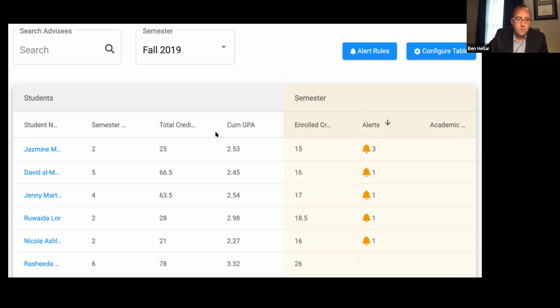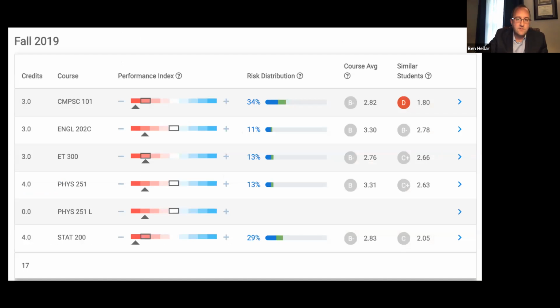And so if we go to the next page, we can see that for that student, we've generated a course schedule visualization that looks at a potential course schedule. This would be a 17 credit course schedule for a student, where we can visualize a couple of different interesting statistics.